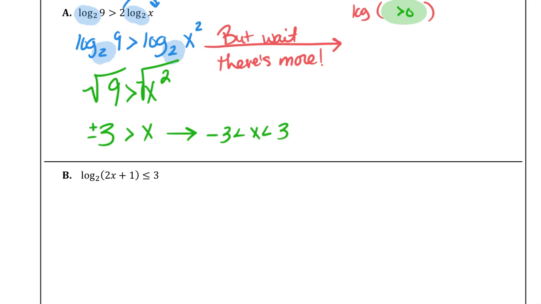So even though I have a number line that lets me choose any value between -3 and 3, there might be some values within that window that create a negative log. We can't have those log statements be negative. So what I need to do is look at everywhere that there's an x and evaluate that.